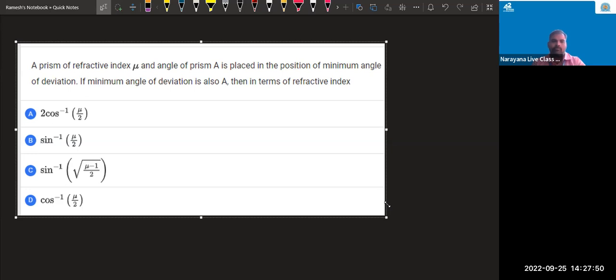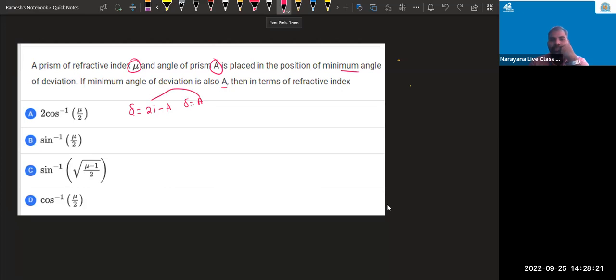A prism of refractive index mu, prism angle A, placed in the position of minimum angle of deviation. Then the minimum angle of deviation is also A. What is the minimum angle of deviation formula? 2i minus A, for a thin prism. Delta is also given as A, no? Substitute here. So A equal to how much? 2A.